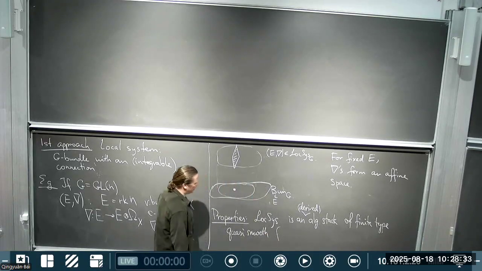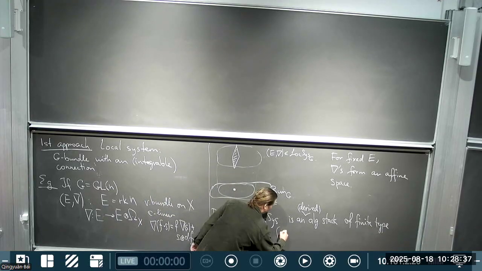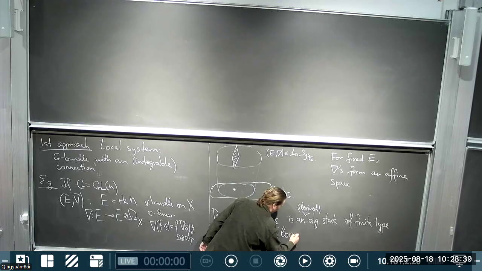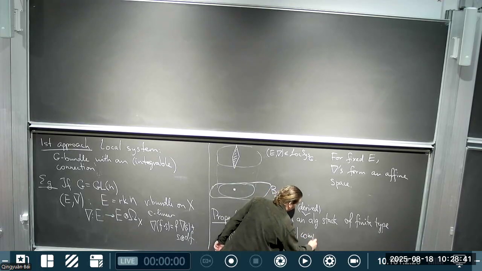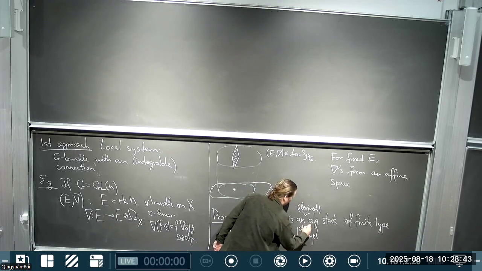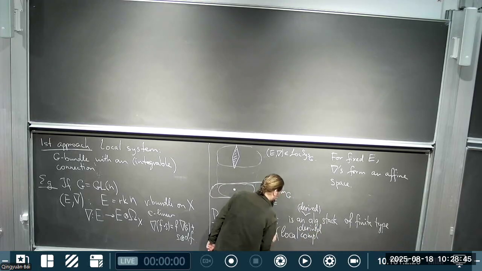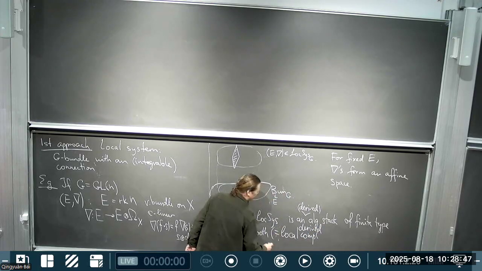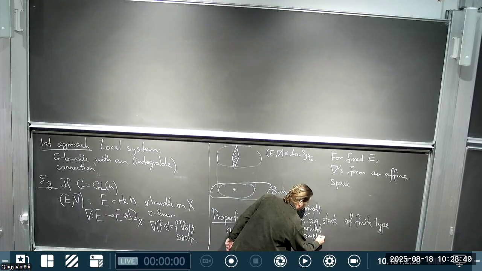Which is, again, in derived algebraic geometry, a counterpart of being local complete intersection. Derived local complete intersection.